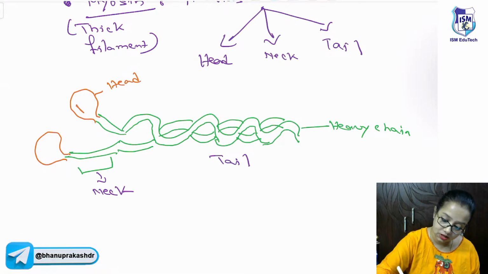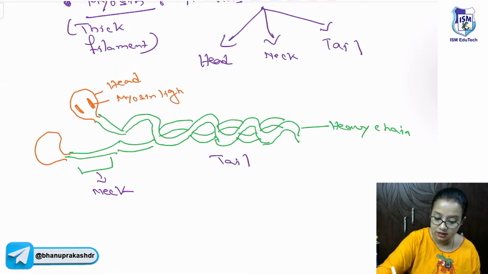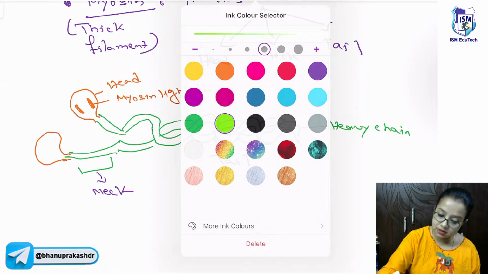Now, this globular head has two myosin light chains, and on the site they have one ATP binding site.